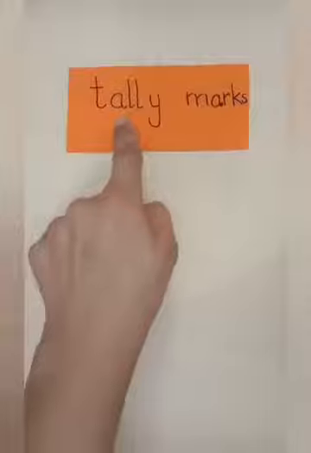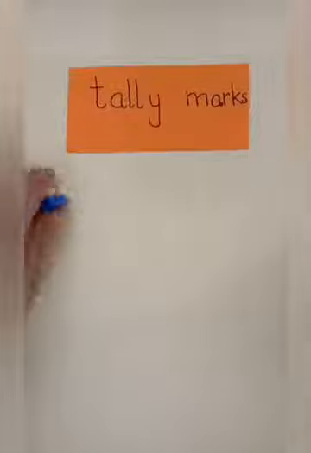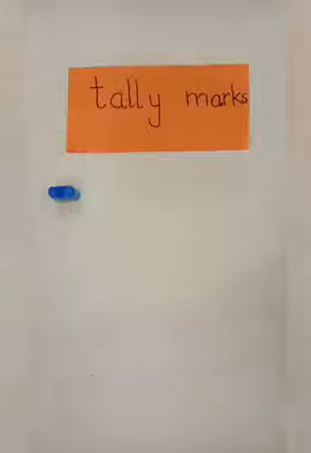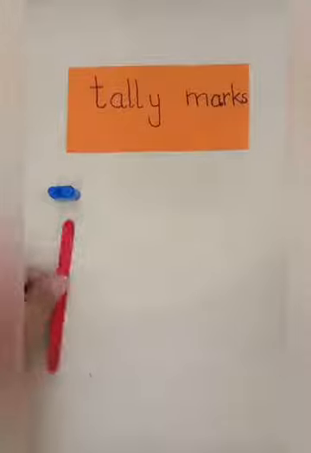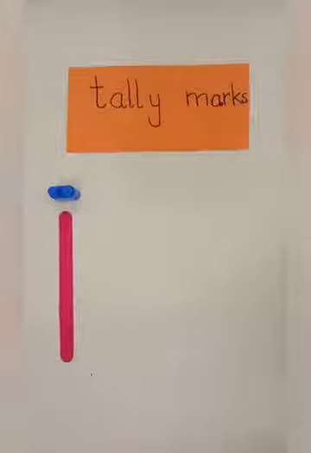Let's start an activity of tally marks. Tally marks are used to count. And why do we use tally marks? Tally marks make the counting easy. For example, one object equals one tally mark like this.